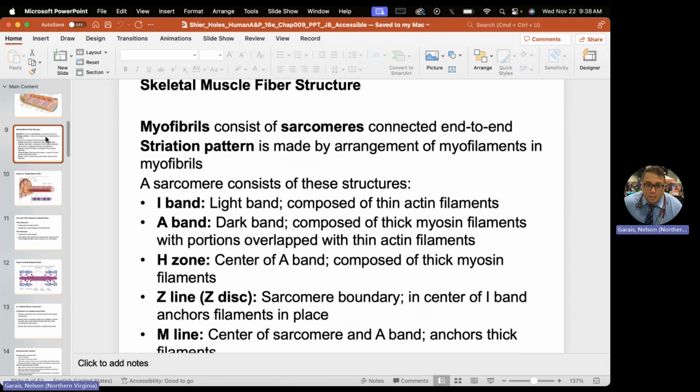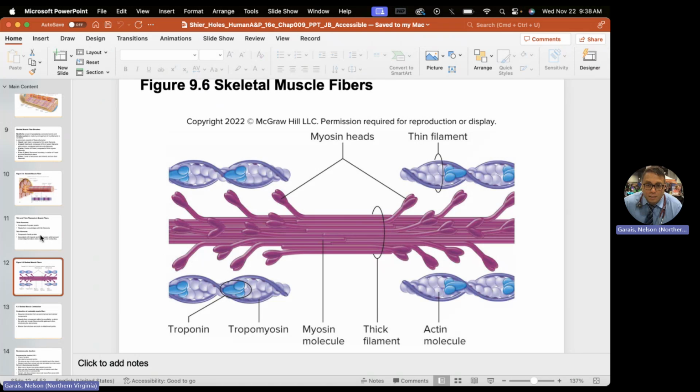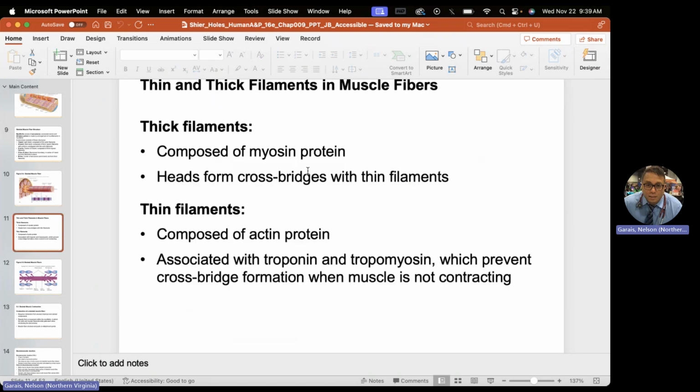So we can look at this, composed of myosin protein, and that has the thick filaments, has the heads. Those heads, that's where ATP gets attached to it. Once ATP gets attached to it, ATPase breaks it down. ATPase then breaks down the phosphate bond, and then you have release of energy, and that's the power stroke.